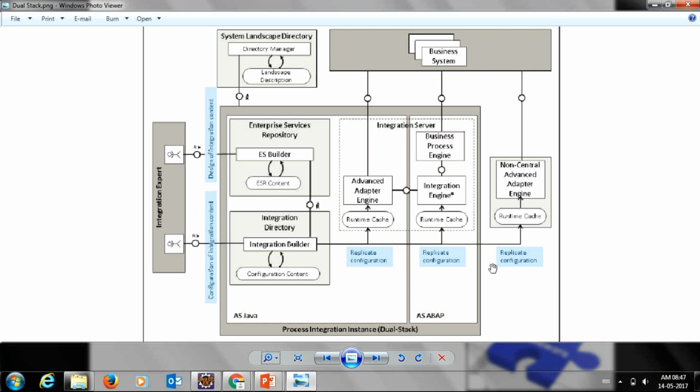For this reason, SAP ditched the ABAP stack and used only the Java stack for creation of all the adapters and for processing of everything. Your integration engine, your business process engine, everything was available on Java stack.